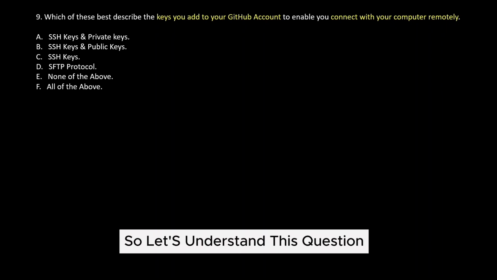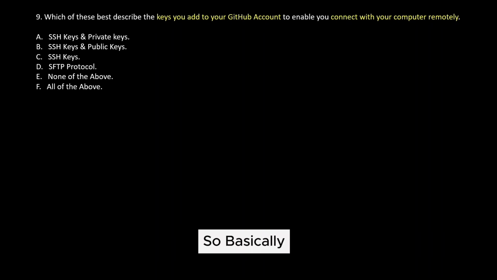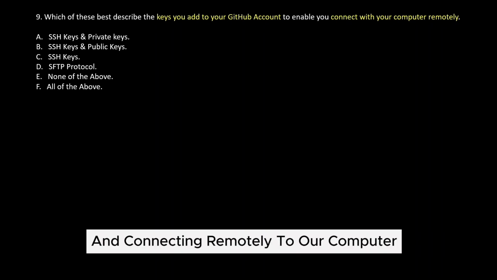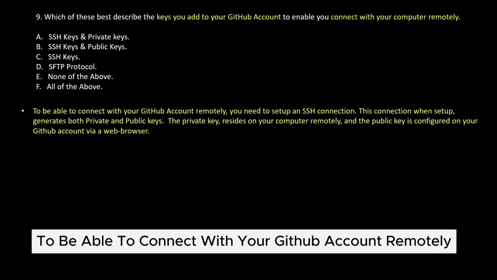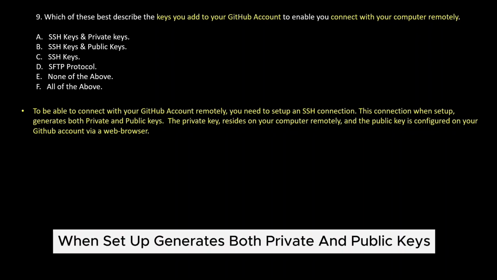So let's understand this question by dissecting the keywords. The keywords here say keys you add to your GitHub account and connect with your computer remotely. So basically, we're talking about the GitHub web application and connecting remotely to our computer. To be able to connect with your GitHub account remotely, you need to set up an SSH connection. This connection, when set up, generates both private and public keys.